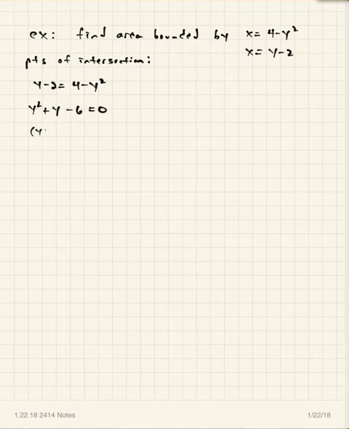And so that factors: y plus 3 times y minus 2, and that gives you y equals -3 and y equals +2. So when y is equal to -3, if you use x equals y minus 2, then x is going to be equal to -5.